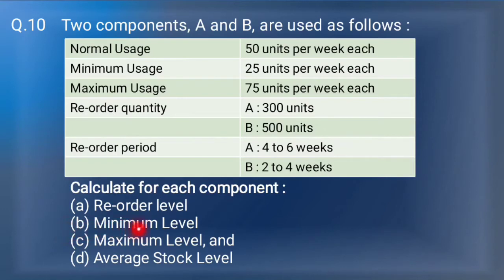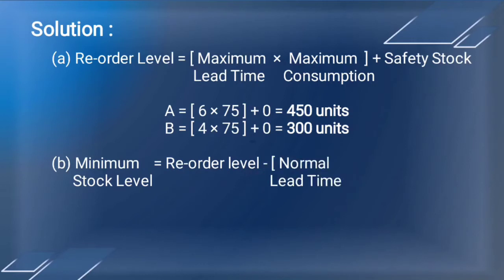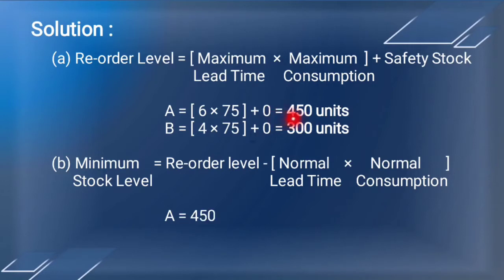Next, we are required to calculate minimum level. B minimum stock level, which is equal to reorder level minus normal lead time into normal consumption. So for component A, reorder level is 450 units.